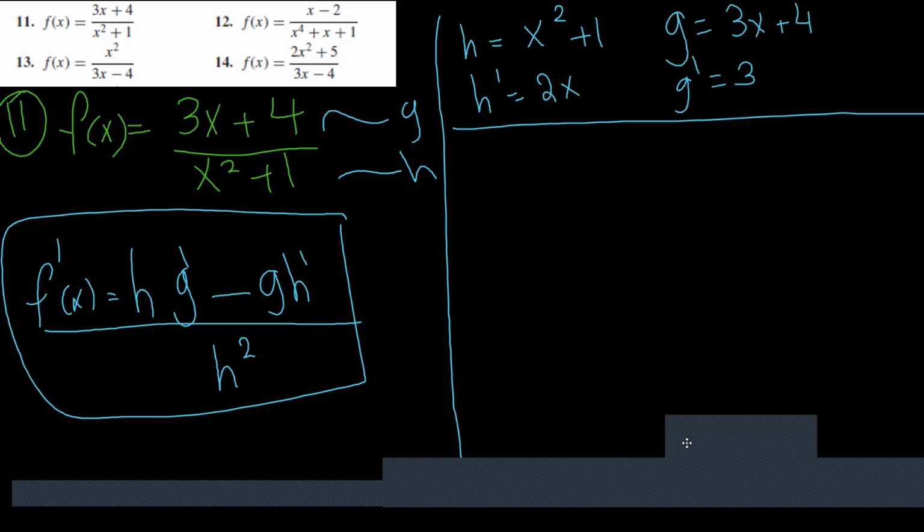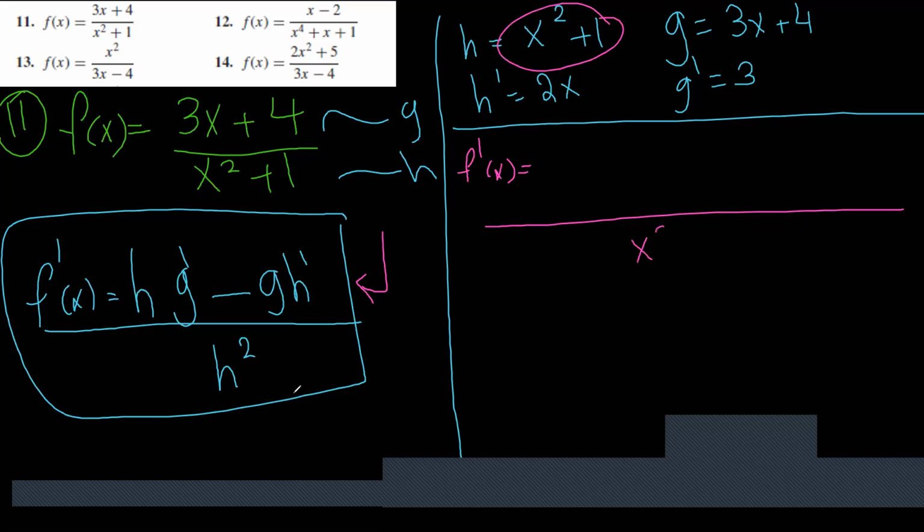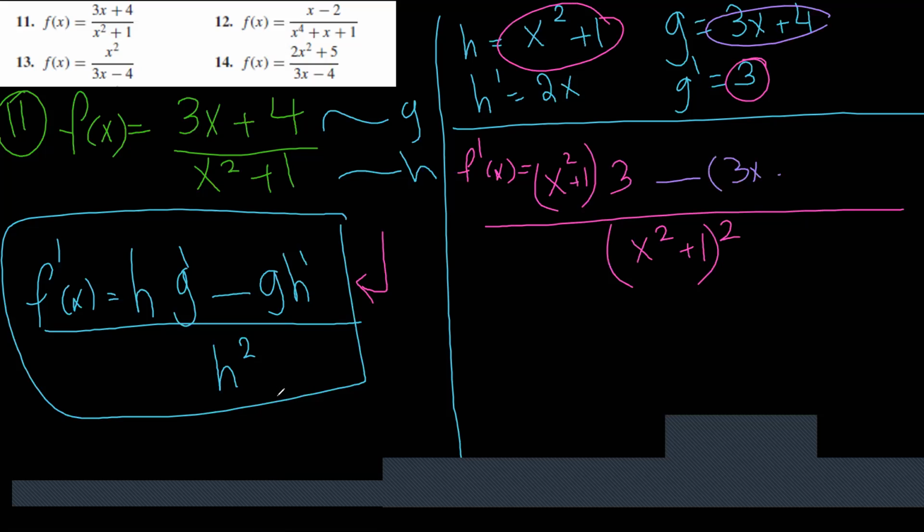Then let's find now f prime using this quotient rule. So f prime of x is, I will put down h squared. Where's h? It's x squared plus 1 squared. Then I will repeat h up, which is x squared plus 1 times g prime. Where's g prime? It's 3. Minus, where is g? It is 3x plus 4 times, where is h prime?